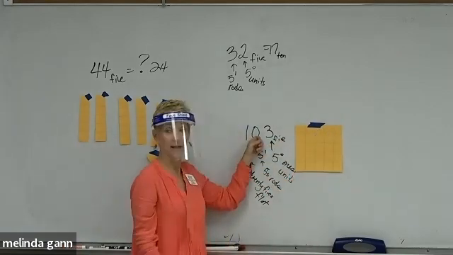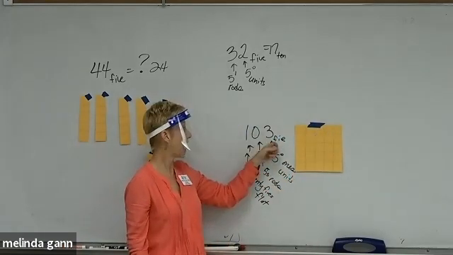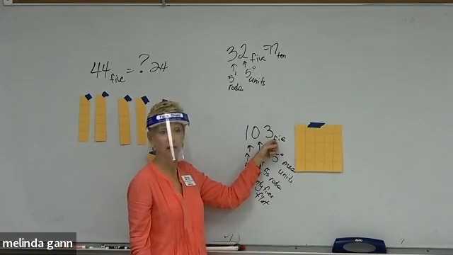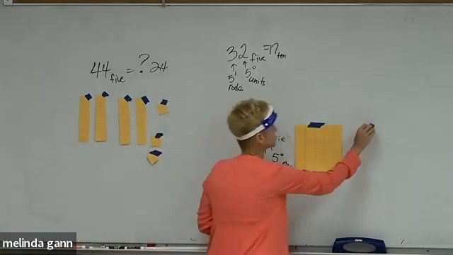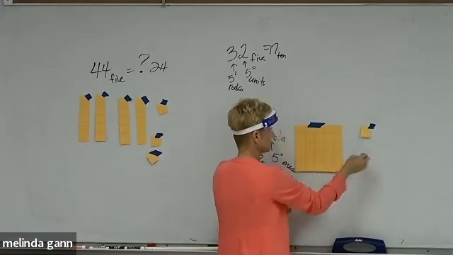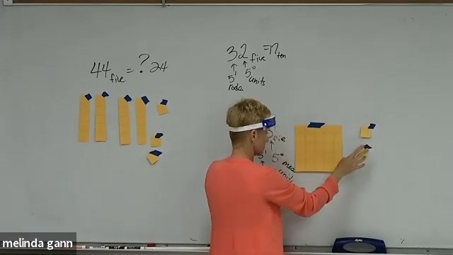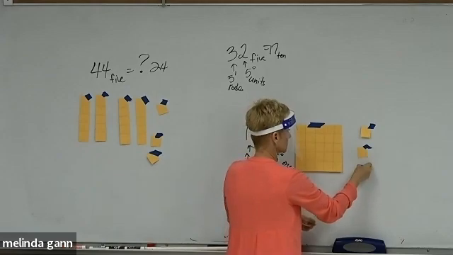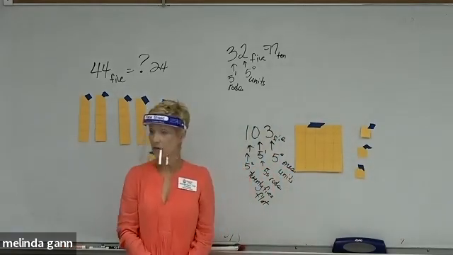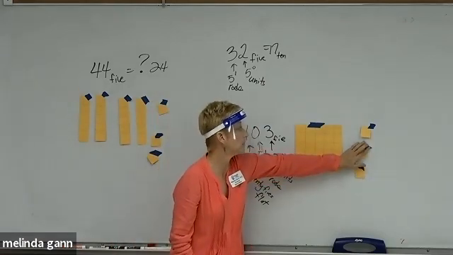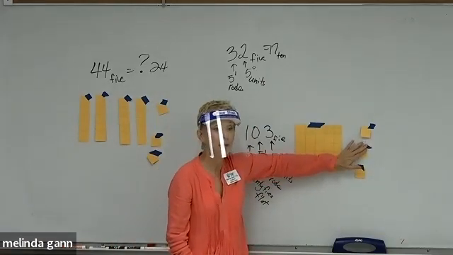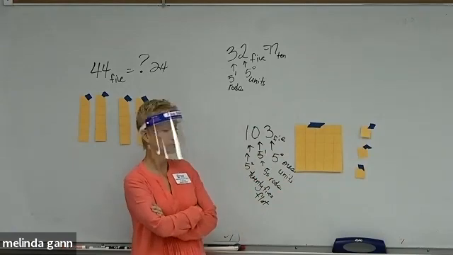So I'm going to need one flat. How many rods am I going to need? None. How many little units am I going to need? 3. Is that what's on your desk? That's a 1, 0, 3 in base 5. Now, what base 10 number is it? 28.